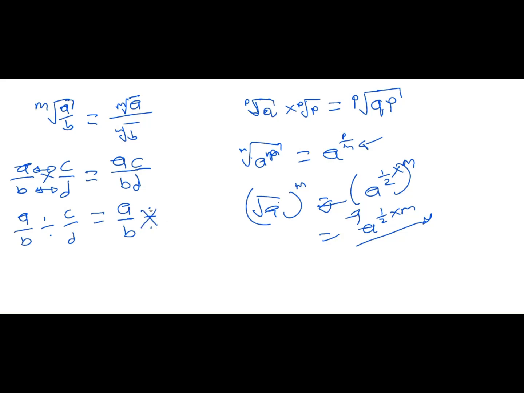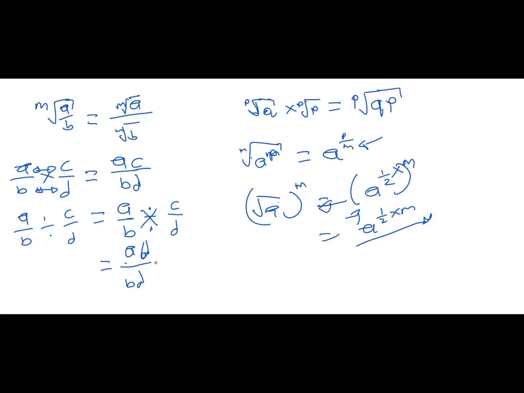If it's C and D, and then it's going to be A times D divided by B over D. So guys, you're supposed to check and also not make mistakes.